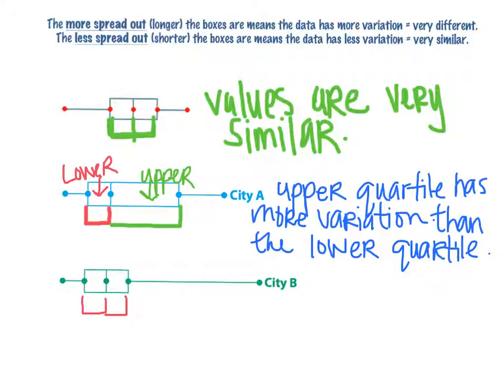But what do you notice about this last box plot? Something is different from all of the other ones. I'm thinking of this giant long whisker that goes out to where the greatest value was, the maximum point. The distance that this is from the upper quartile creates an outlier.